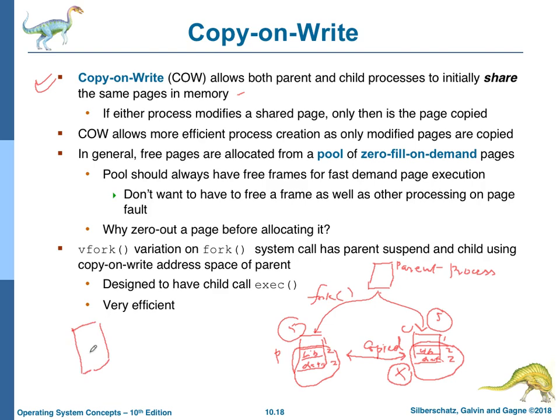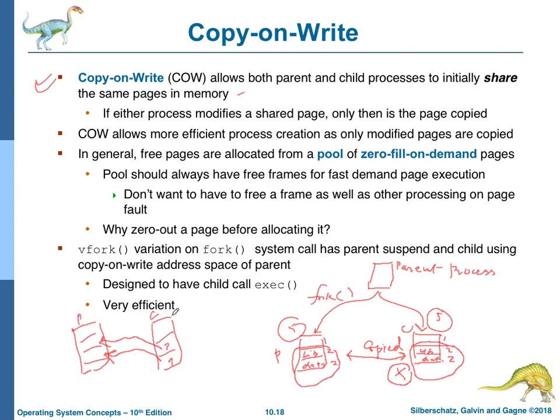For example, this is the parent process and it has some libraries, and this is the child process. We don't copy, but we leave some references here, and these references will locate to this memory location in the parent process.